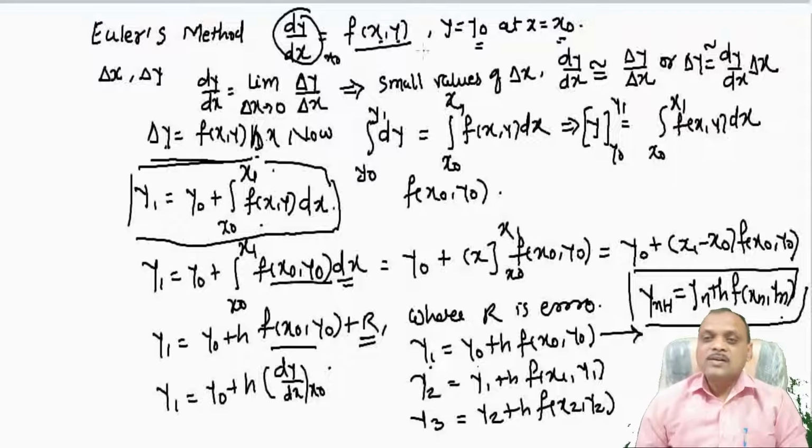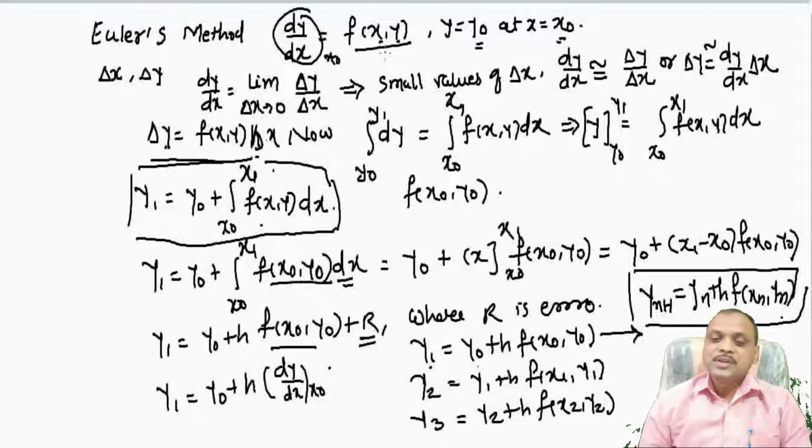So how have we deduced this Euler's method? This is our first order differential equation dy by dx equal to f of x, y with initial condition x0 and y0. Then we used the definition that dy by dx is the limit of delta y divided by delta x.